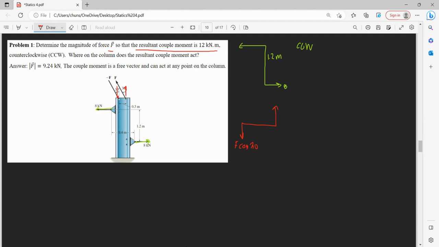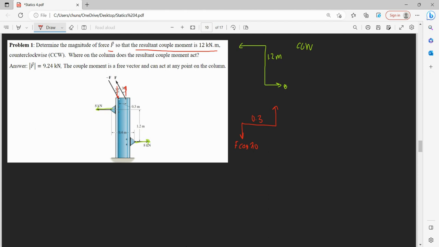And the distance between them is that 0.4? No, this is 0.3 between them. And for our X components, since they are not separated by a vertical distance, since they both originate from the same spot, then we don't have to worry about that.